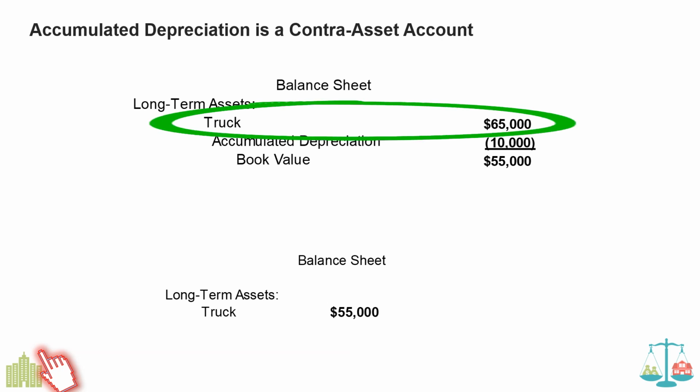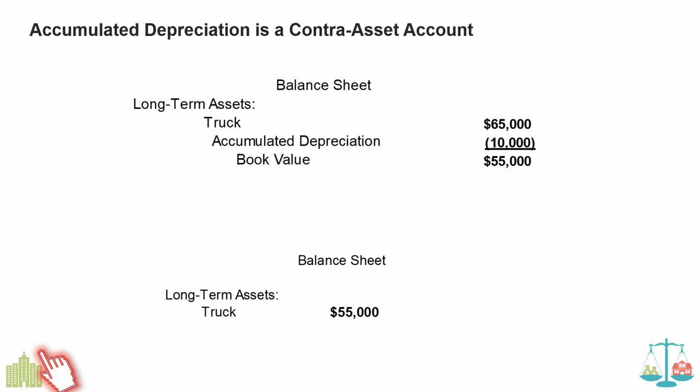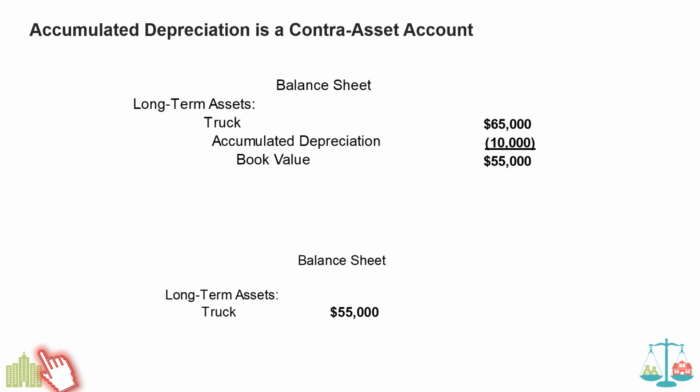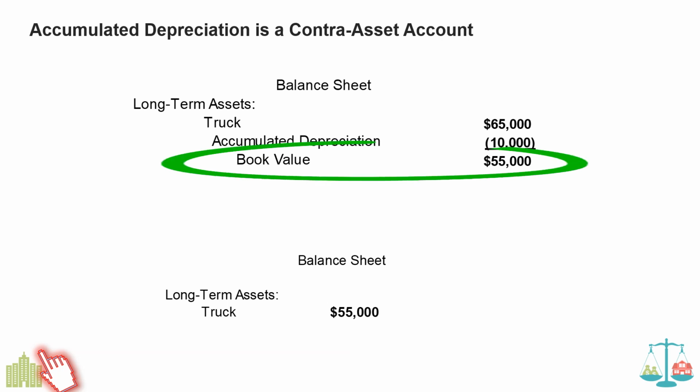Again, we're not making an entry directly to the truck account, so the truck account still has the original capitalized cost of $65,000. We're keeping track of the reduction due to depreciation in an account called accumulated depreciation, the contra-asset. And so we'll show both the total capitalized cost less accumulated depreciation and show a book value. This is a defined term that you need to remember.